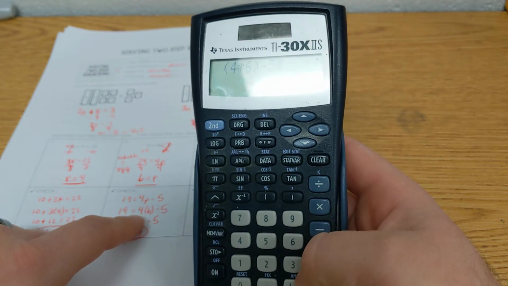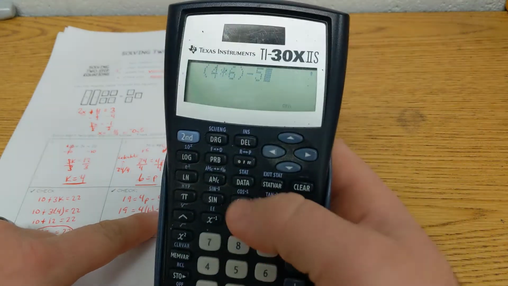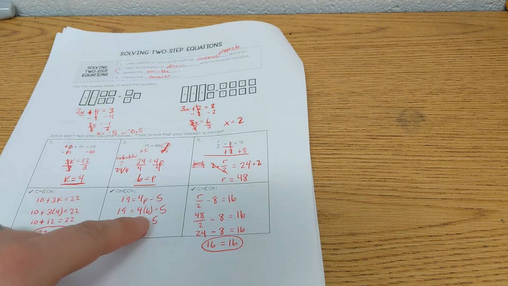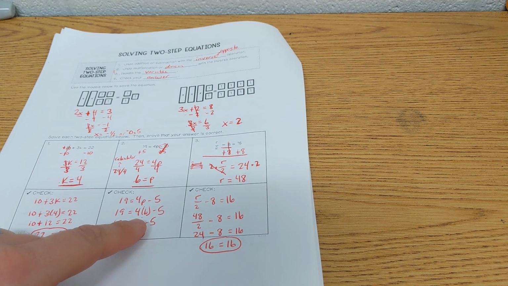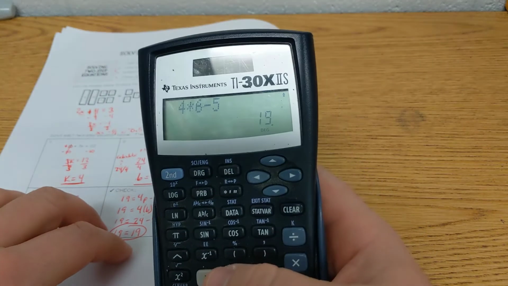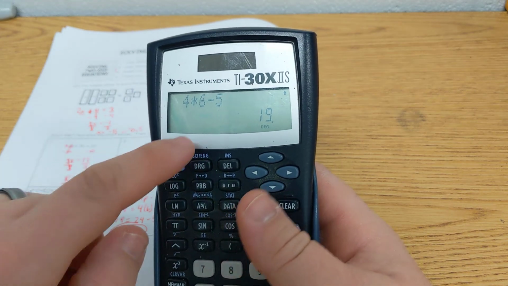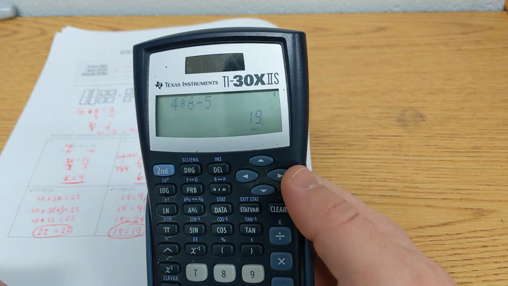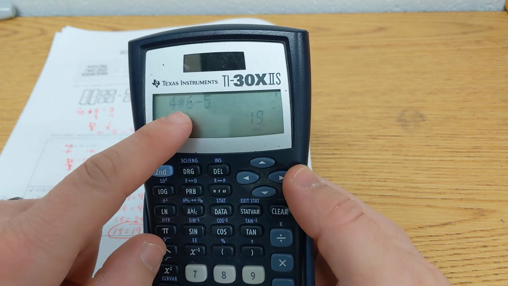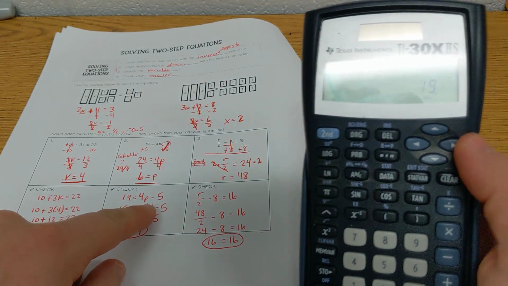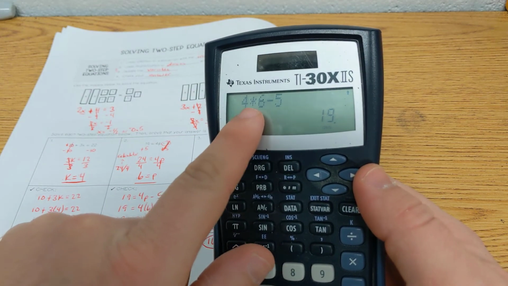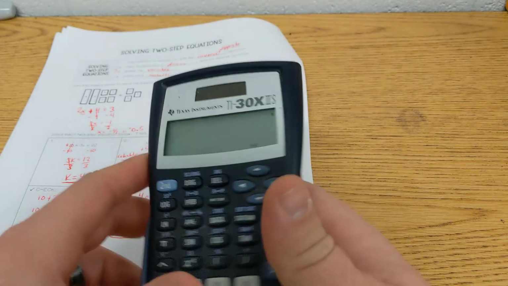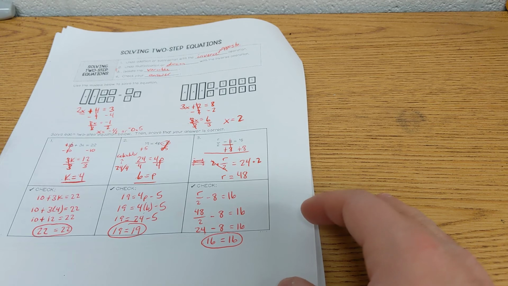So 4 times 6 minus 5. 19. Okay? Well, I guess you don't have to put it in parentheses because the calculator knows to do the order of operations. So it does the multiplication first and then subtracts. So you can just plug it in. So that would be 4 times, in this case, p. Okay? 4 times p minus 5. And that gives you the same answer. So it's possible that you can check it on the calculator without having to write anything down.